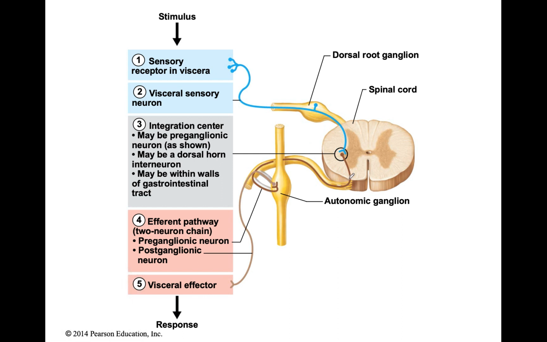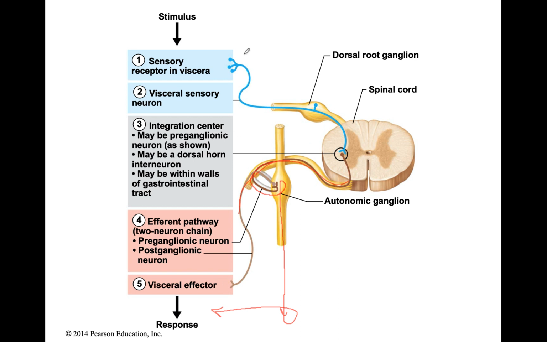Normally, when you have a signal going out, it has to just go out at that level. But with the autonomic ganglion, the signal can enter into this nervous system and travel all the way down parallel to your spinal cord and exit at a different level of the spinal cord.